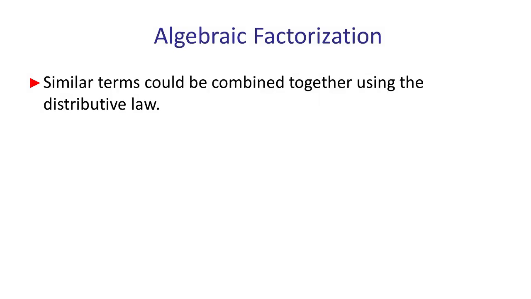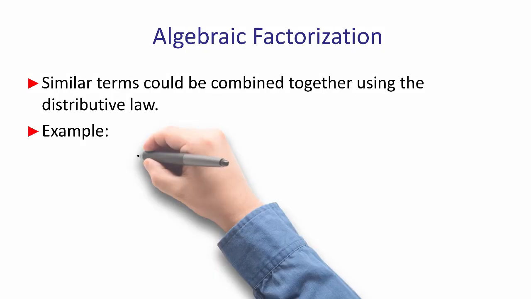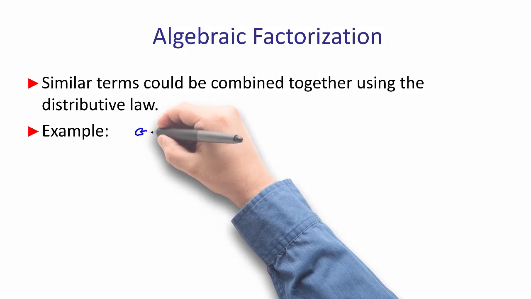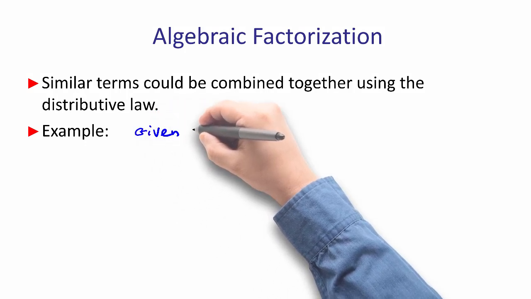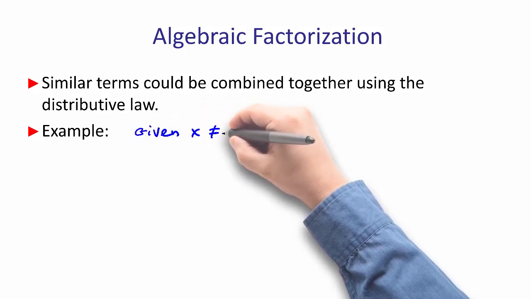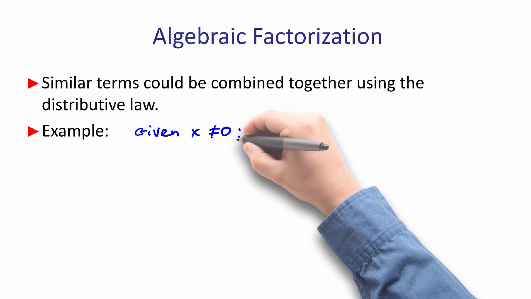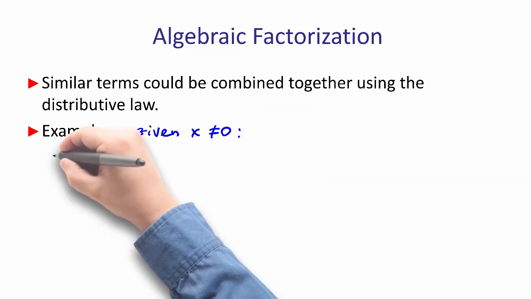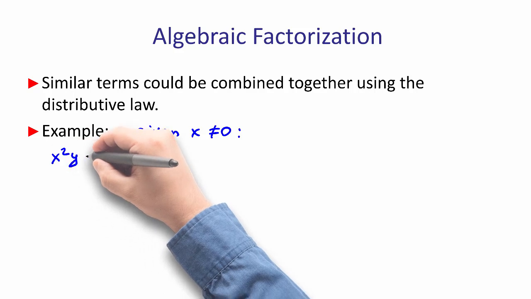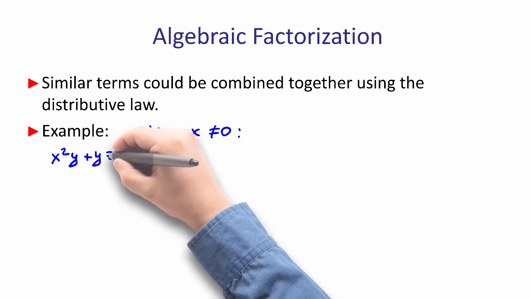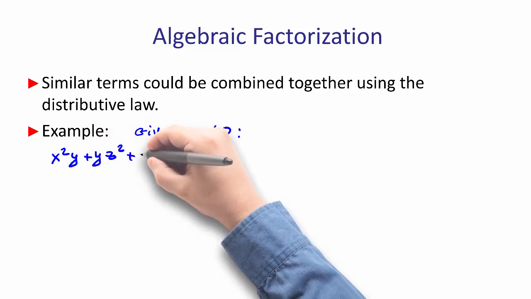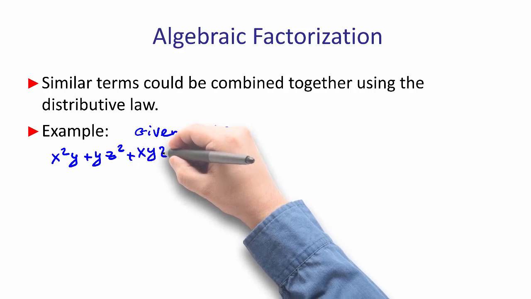Similar terms can be combined together using the distributive law. Let's take a simple example. Given x not equal to 0, we want to factorize the following expression: x squared y plus yz squared plus xyz.